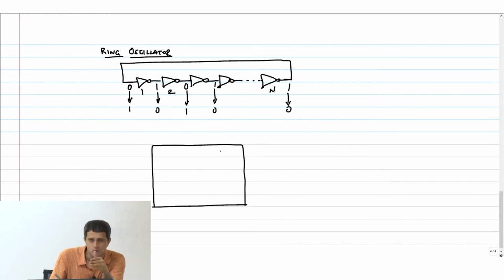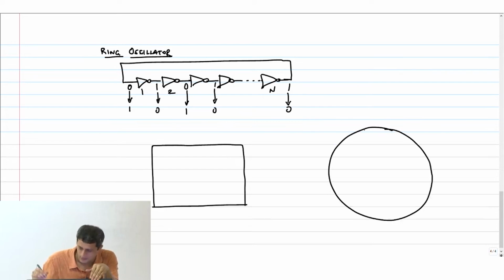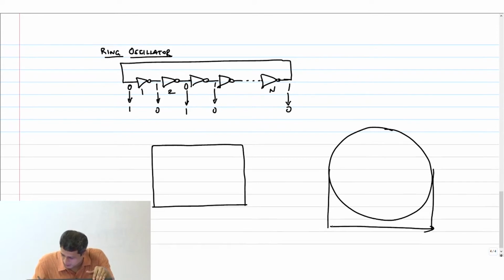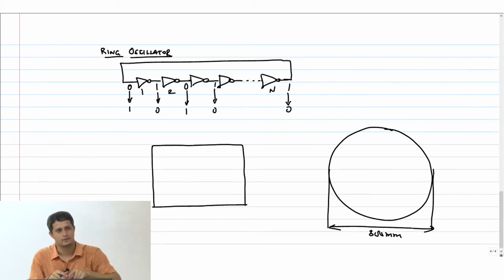It can so happen that when I manufacture these chips one after the other in a wafer, what is a wafer? A wafer is basically a circular thing where the diameter would be 300 mm. It's a huge silicon substrate.